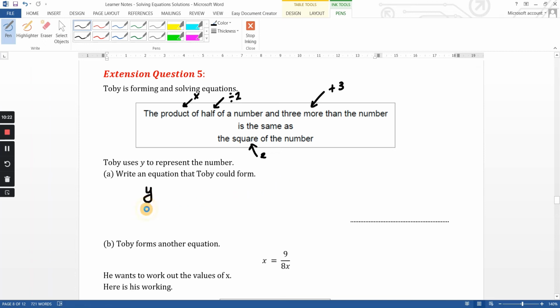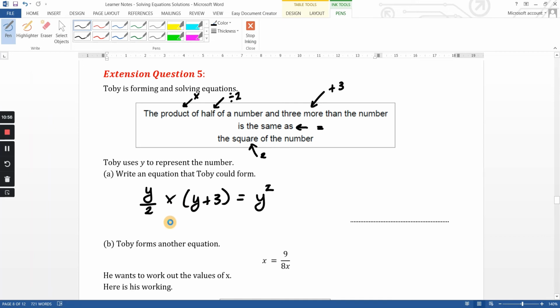Half the number, y over 2, product of that, and 3 more than the number, so that's y plus 3, is the same as, that means equals, by the way, the square of the number, so y squared. We can't leave our answer like this because it's got a multiply sign in there. Let's simplify this a little bit.